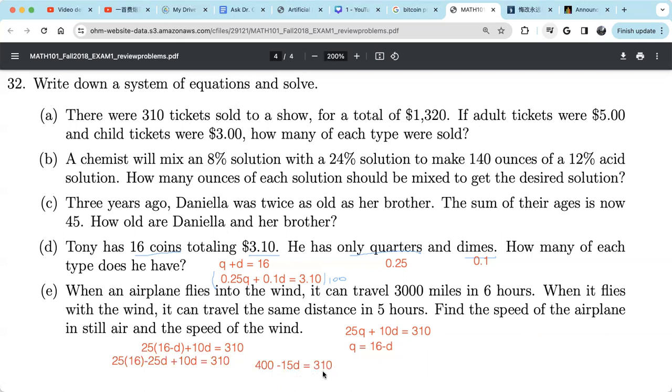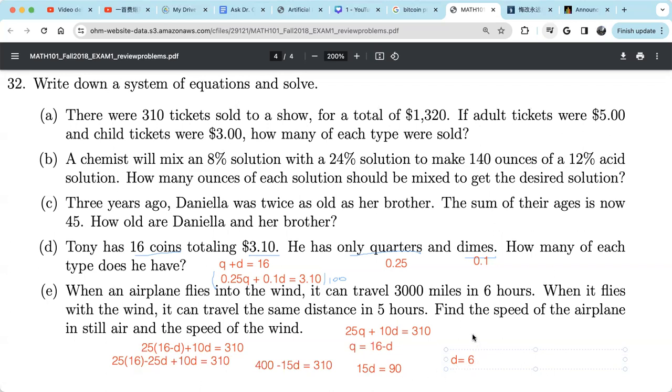Right? Now we want to subtract 310 on both sides, and we want to add 15D on both sides. By doing that, we get positive 15D equals 400 minus 310, that's 90. Then D equals 90 divided by 15, which is 6. 15 times 6 is 90. 5 times 6 is 30, carry the 3. 1 times 6 is 6, plus 3 is 9, so 90.